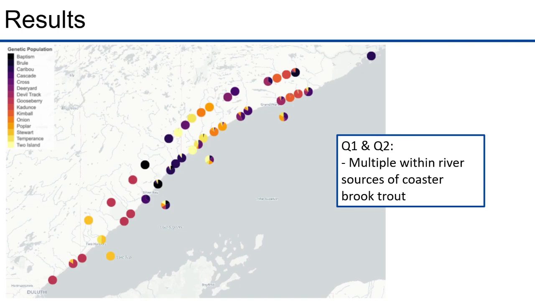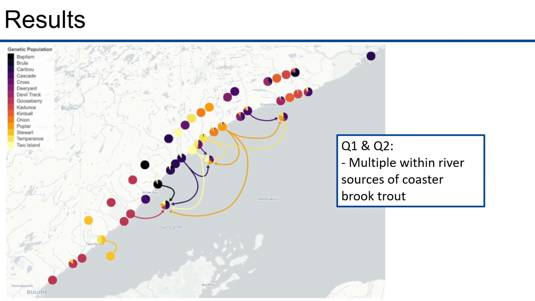If I can draw your attention to a second to the coaster sampling locations, so these 4 that kind of jut out into the middle of the lake, you might notice that there's a lot of colors contributing to these coaster populations. And that tells us that there are multiple within-river source populations for coaster brook trout. To make this a little bit easier to think about, I've drawn arrows for populations where greater than 10% of the population is from an alternate source from where they were sampled.